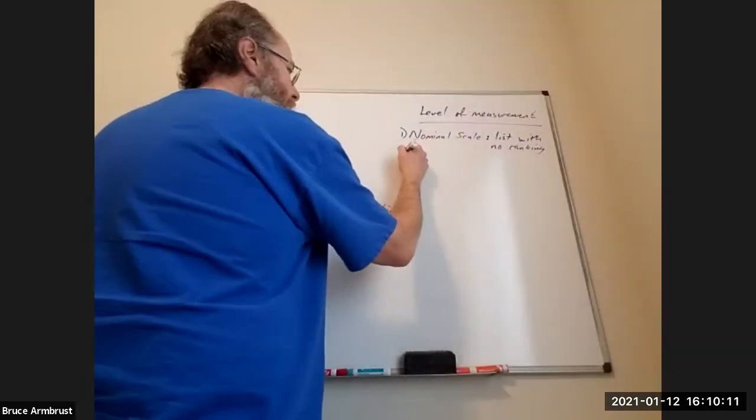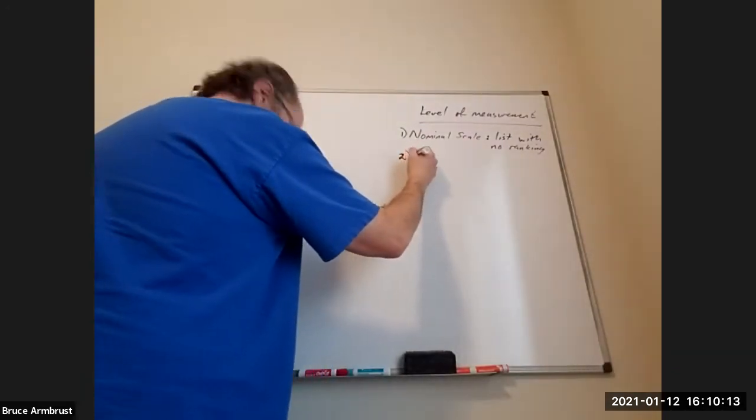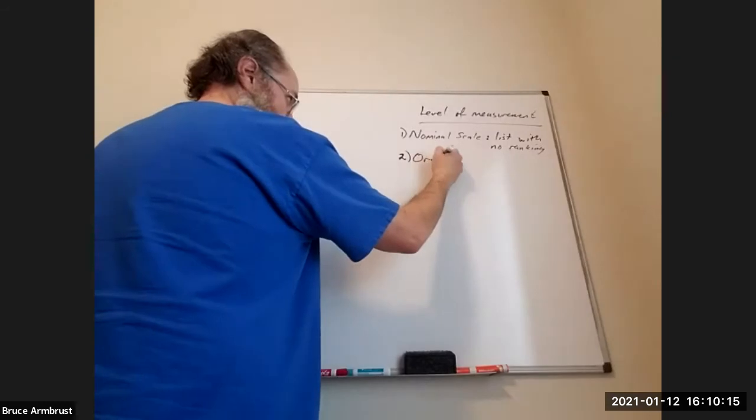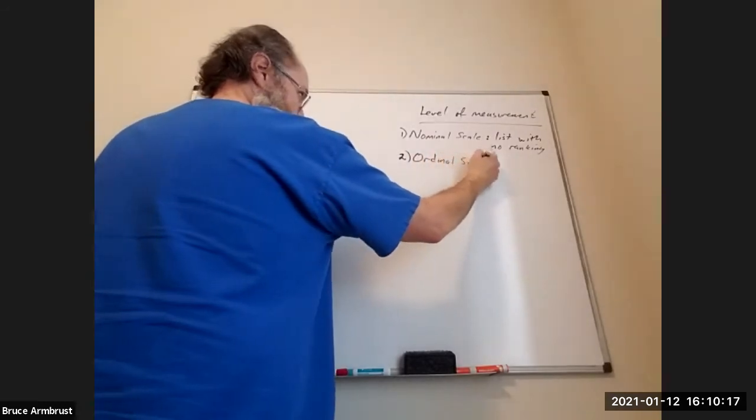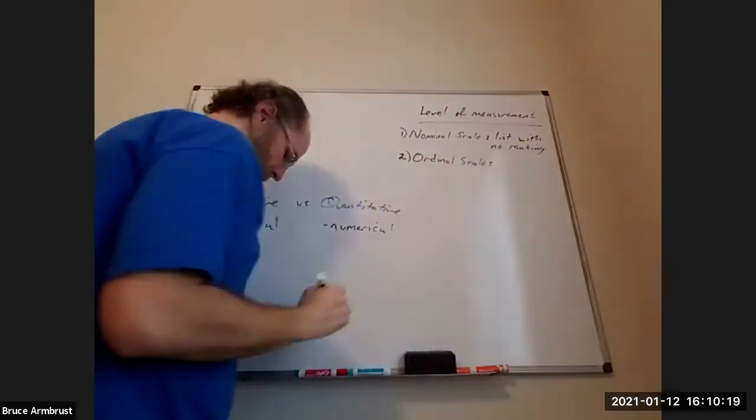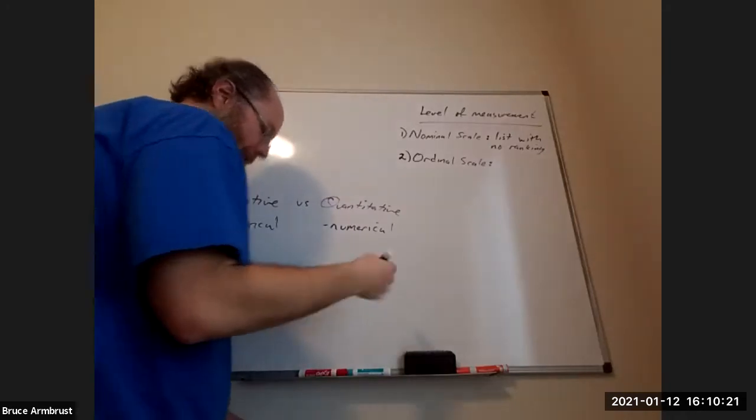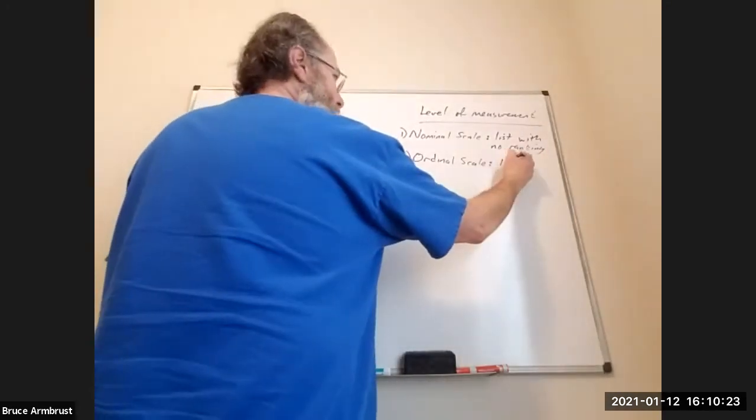Okay, the next one that you can get is what's called an ordinal scale. And this is a list with ranking.